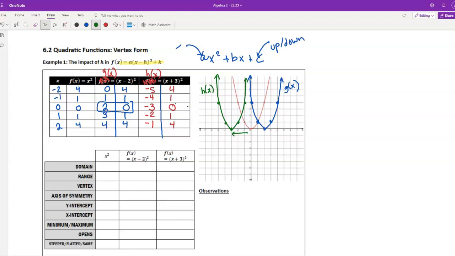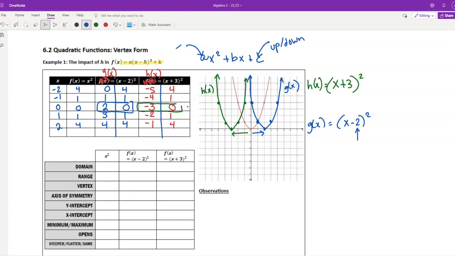Well, let's think about that. If we take a look at the 2 functions, we have x plus 3 squared for our h of x, and for our g of x, we have x minus 2 squared. Notice in g of x, to get to 0, x needed to be 2, and look at what was inside: it was the 2.